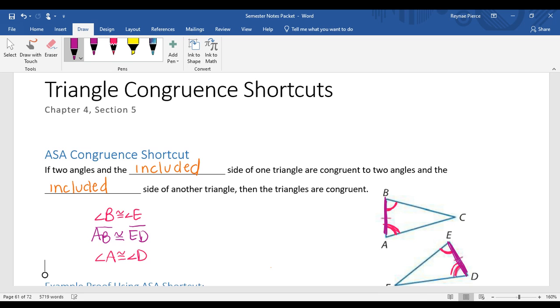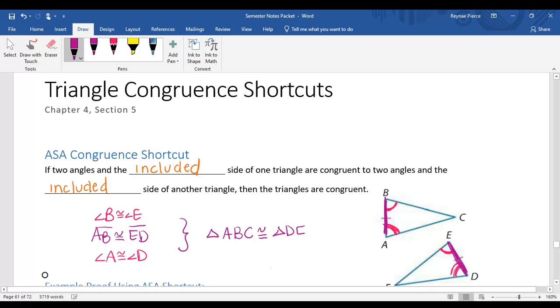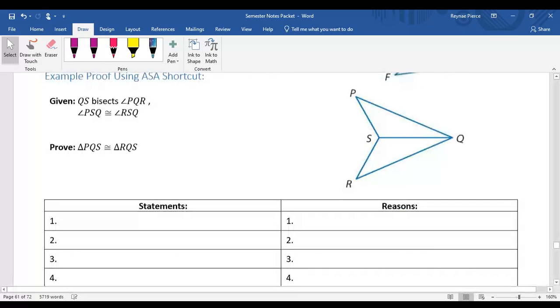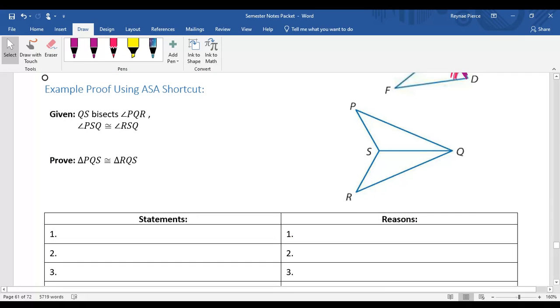Okay, if those three pieces are congruent, then we can say that the triangles, in this case, triangle ABC and triangle DEF are congruent. Okay, so using angle side angle in proofs.